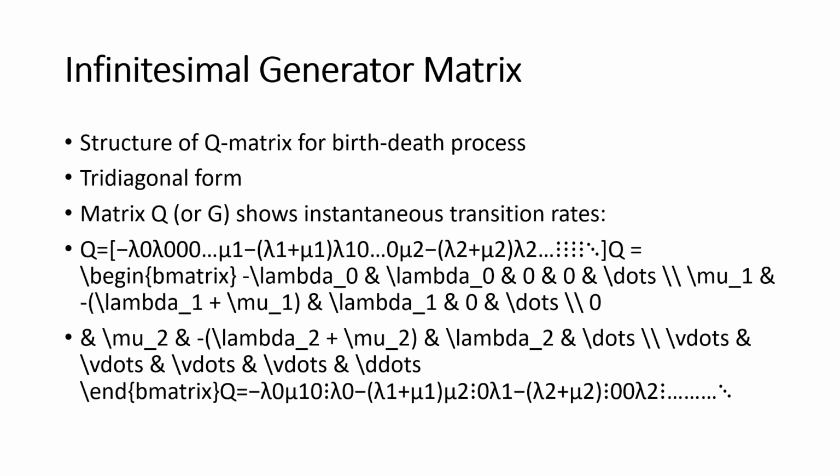The matrix can be arranged row and column wise. Q equals a matrix with entries minus lambda naught, lambda naught, 0; mu 1, minus (lambda 1 plus mu 1), lambda 1; 0, mu 2, minus (lambda 2 plus mu 2), lambda 2, and so on. This is the generator matrix.